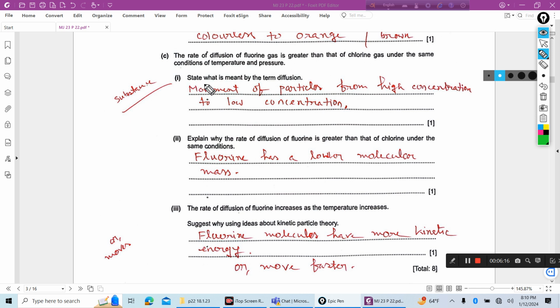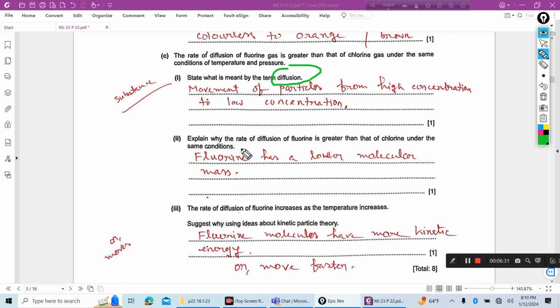Number C, state what is meant by the term diffusion. Movement of particles from high concentration to low concentration. This is the definition of diffusion, you have to learn it.